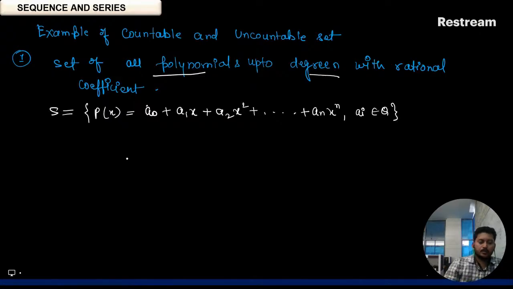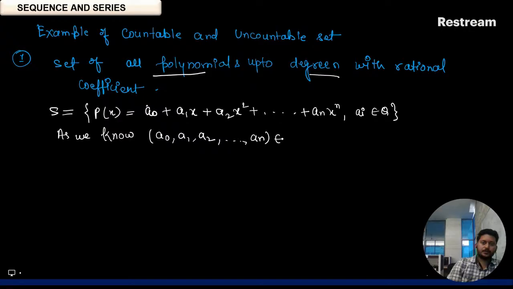As you know, (a0, a1, a2, ..., an) belongs to Q × Q × ... × Q, n times.